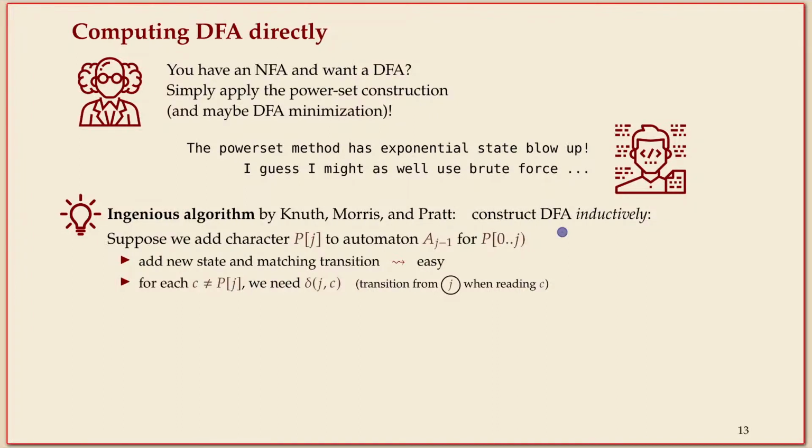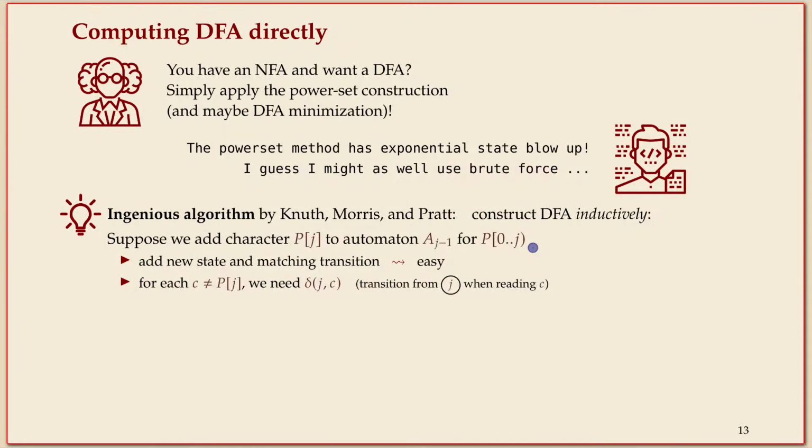To take that apart, let's see how we can go from a pattern where the last character is missing and add one more character and see if we can build the automaton inductively. So the idea is to start with essentially just the empty pattern, then the automaton does nothing.